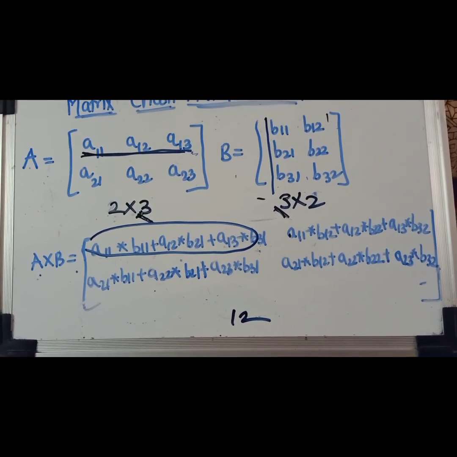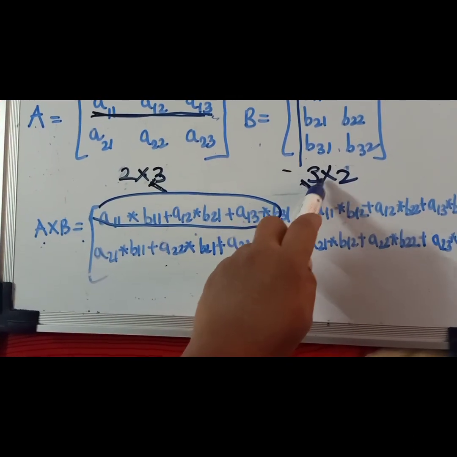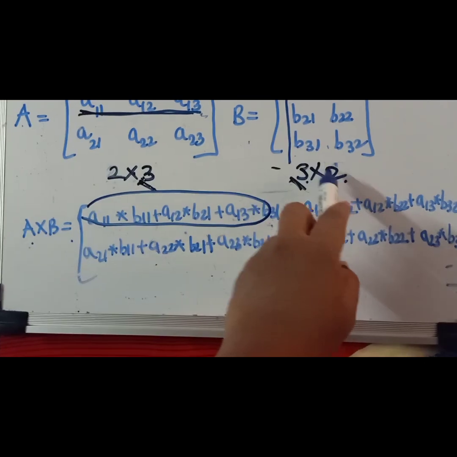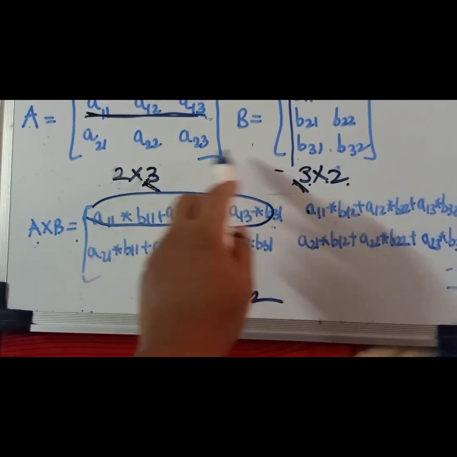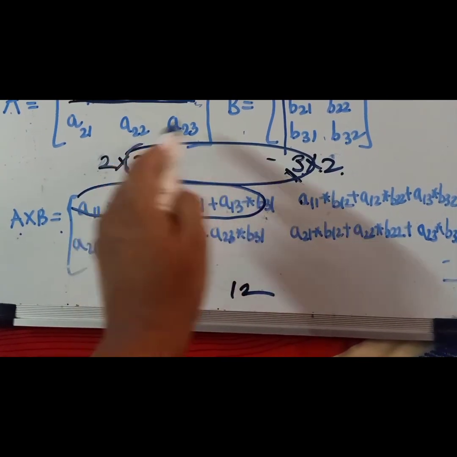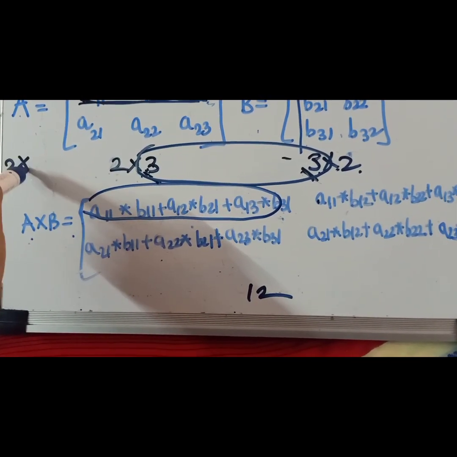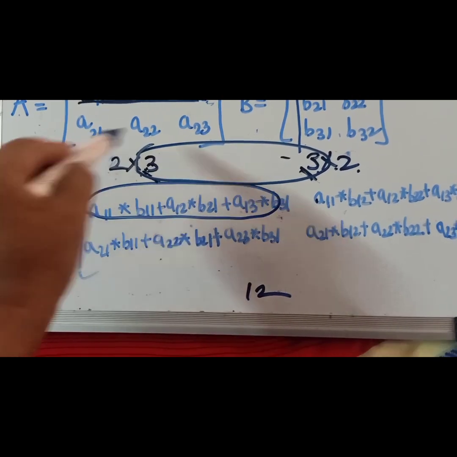If you analyze here, 2 by 3 and 3 by 2, you are multiplying matrices of these two dimensions. Here this 3 is common. So in a simple way I can say it is 2 by 3 into 2.